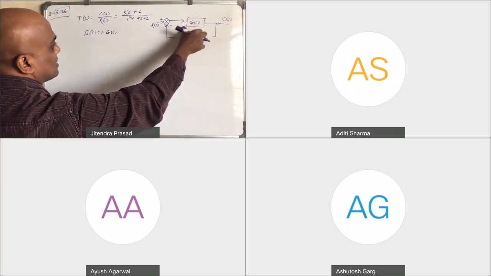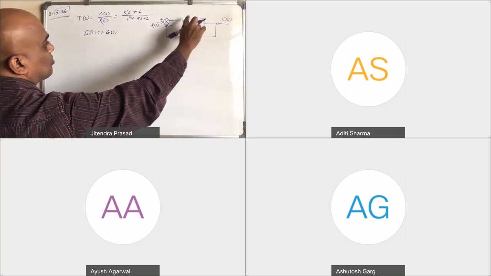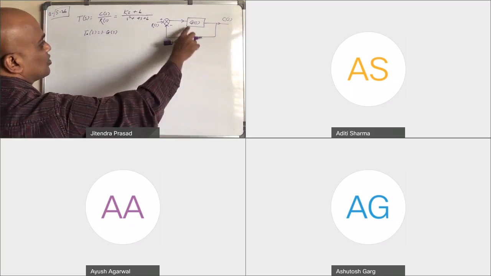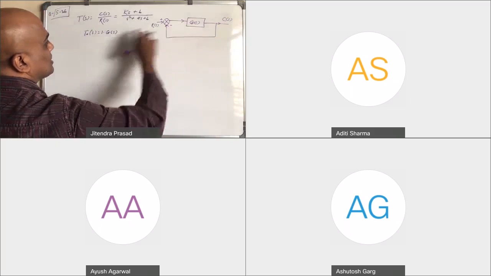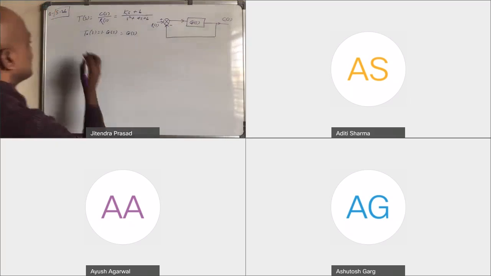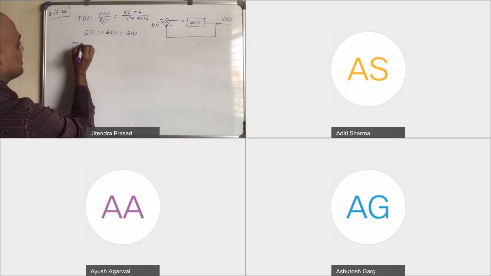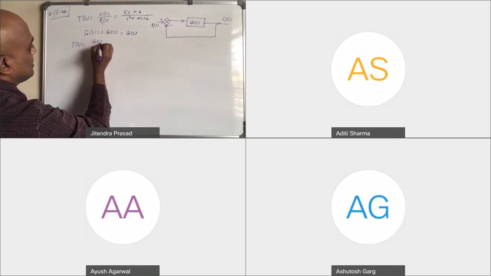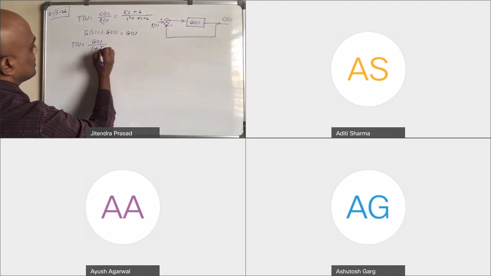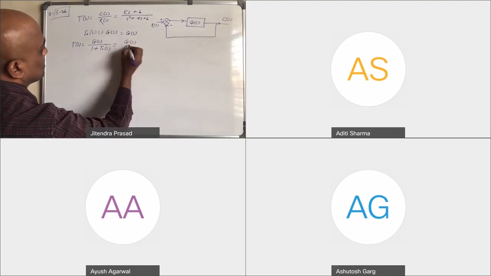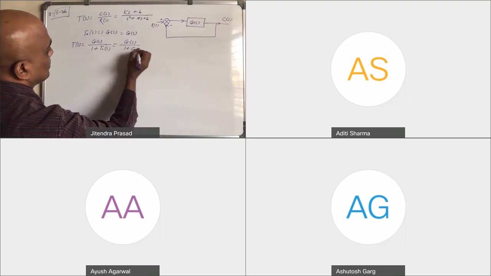In your book, this G(s) is also known as the feed forward transfer function. The feedback transfer function is 1. So the open loop transfer function is G(s) multiplied by 1, and hence it is equal to G(s). So T(s) you can write in terms of G(s): T(s) equals G(s) divided by 1 plus T naught(s), which is G(s) divided by 1 plus G(s).